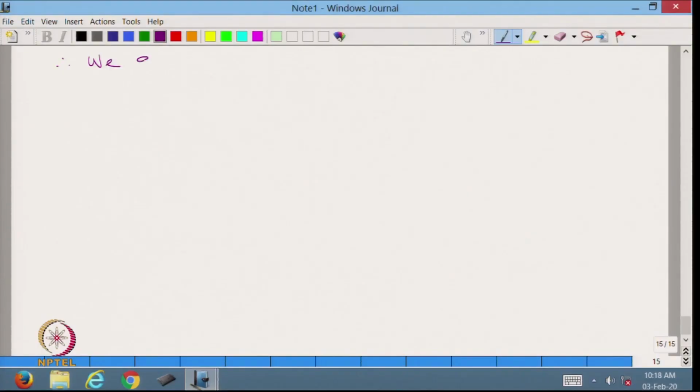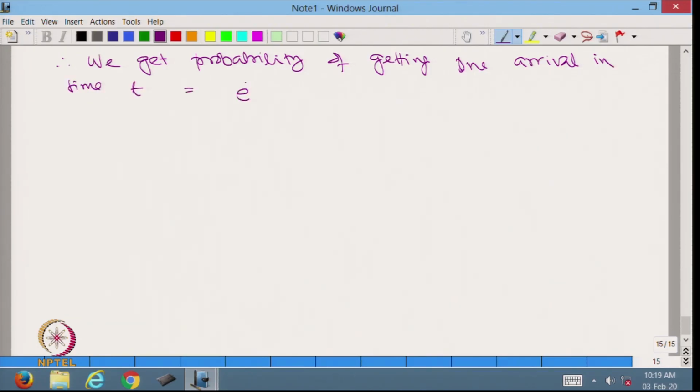Therefore, we get the probability of getting one arrival in time t is equal to e to the power minus lambda t into lambda t. Let us now consider P2 t.